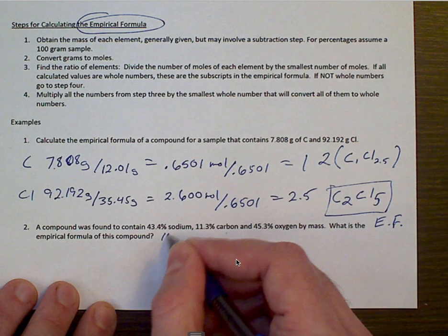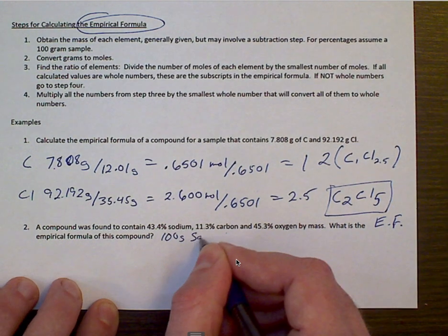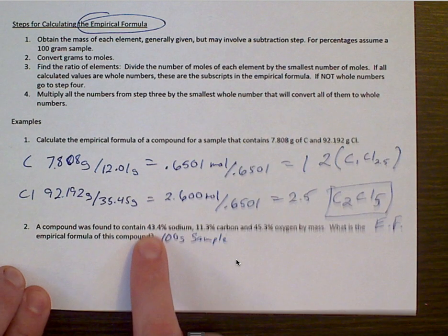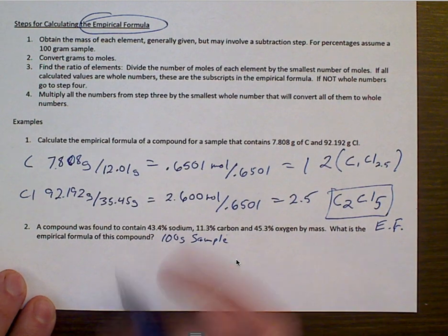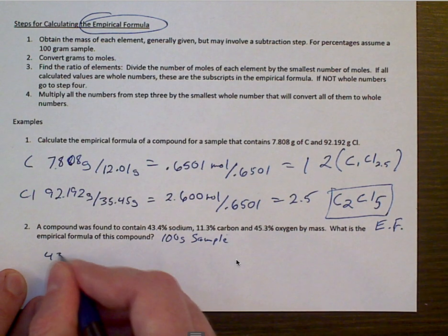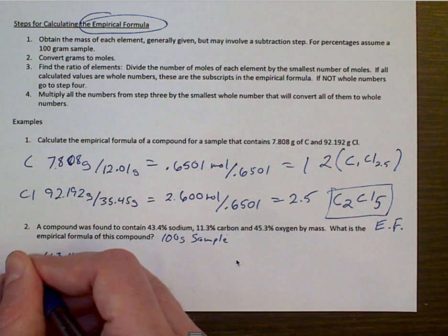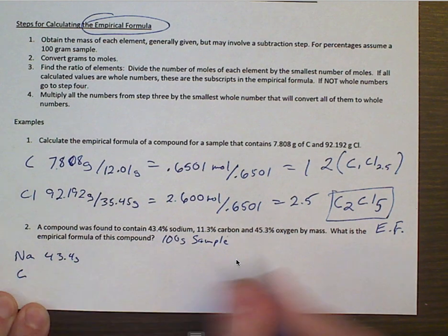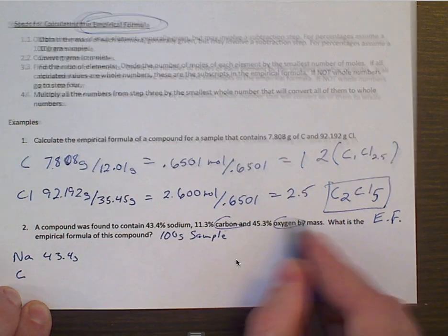So 100-gram sample, what is 43.4% of a 100-gram sample? Well, it's going to be 43.4 grams of Na. Okay, and then I've got my carbon, here's my carbon, and here's my oxygen.